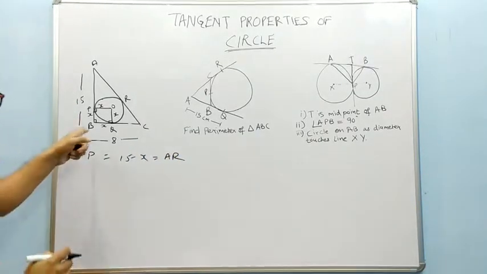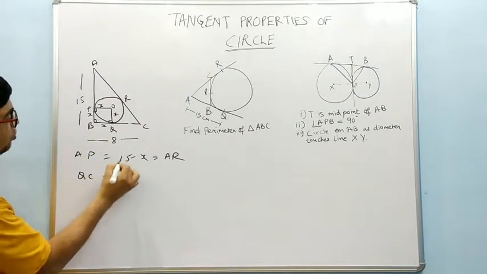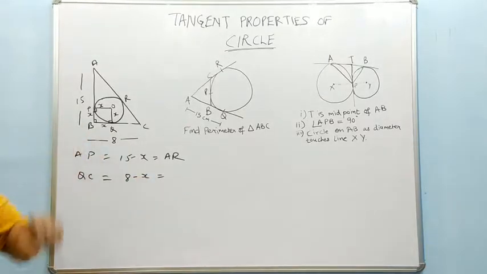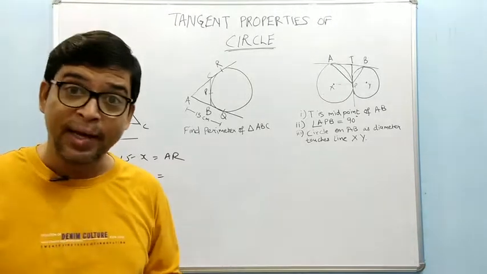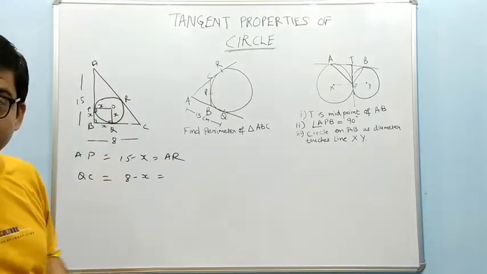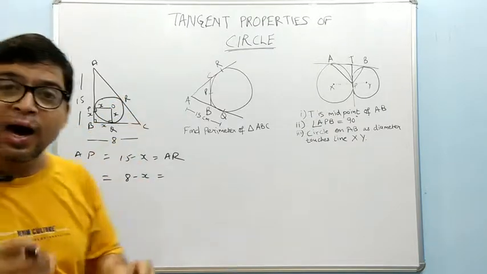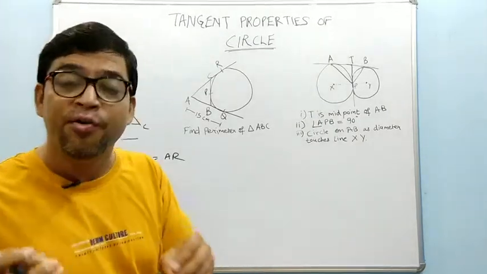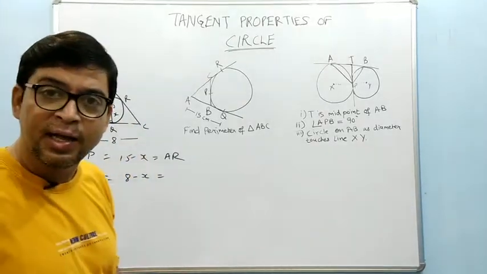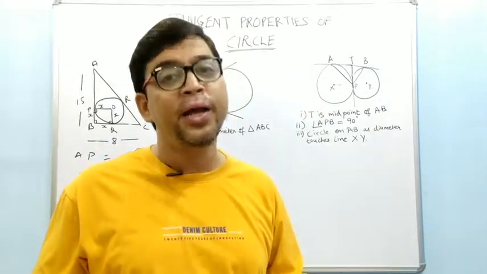Now see. BQ is x, so QC will be equal to 8 minus x. And QC is definitely equal to CR. Why? Because QC and CR are two tangents drawn from point C to a circle, and the lengths of tangents from an external point to a circle are equal in length.